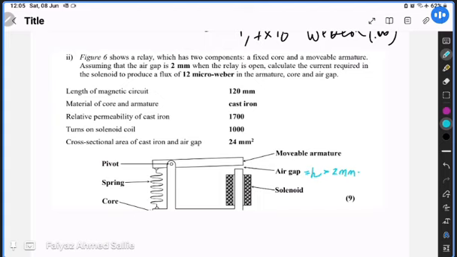When the relay is open, calculate the current required in the solenoid to produce a flux of 12 microweber. So we know that the flux is 12 microweber. The length of the magnetic circuit is 20.